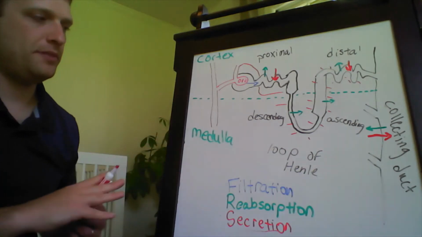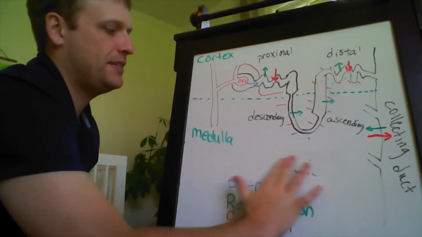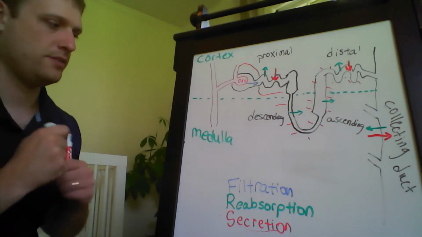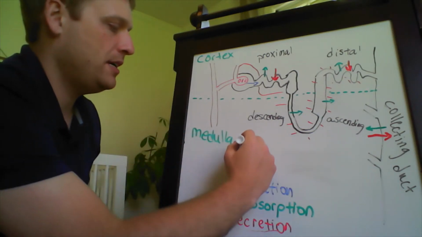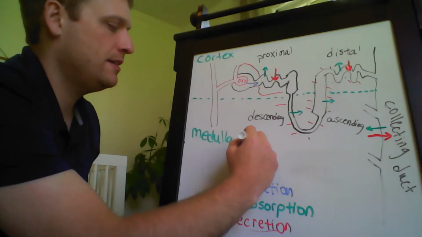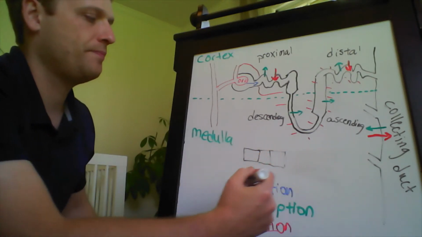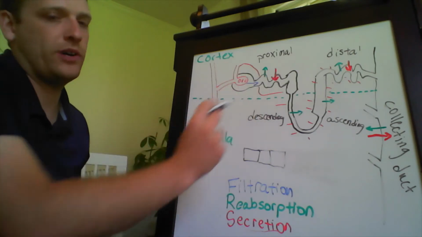So a couple of different types of cells that you may remember, and these are epithelial cells, these are both going to be simple layers of cells, so single layers of cells.